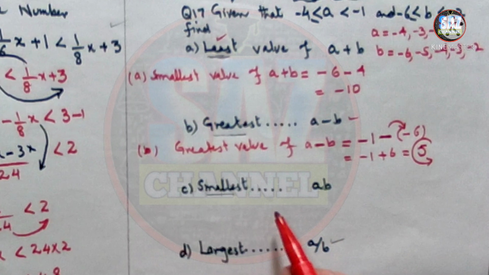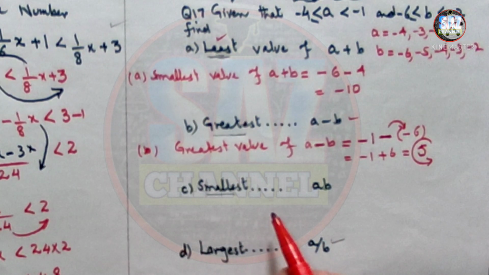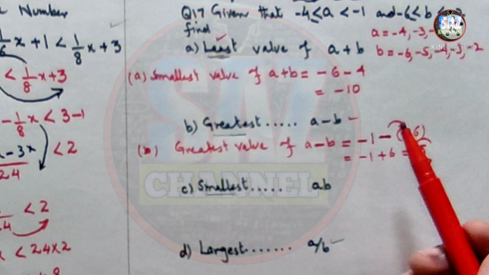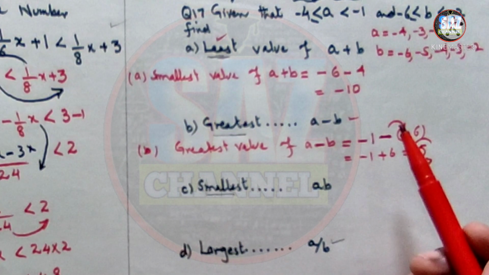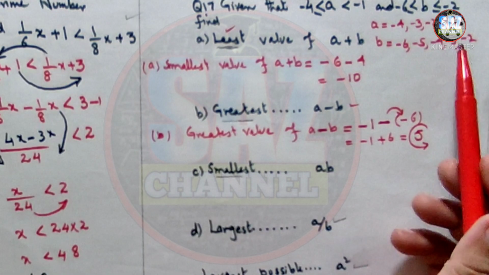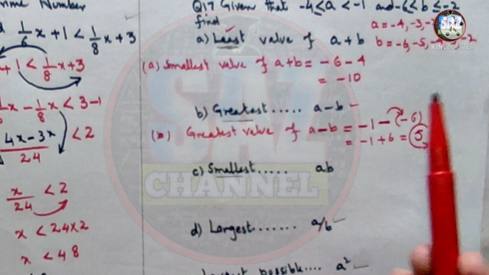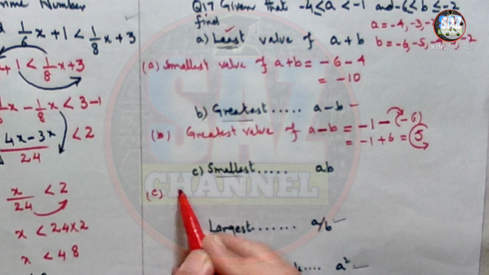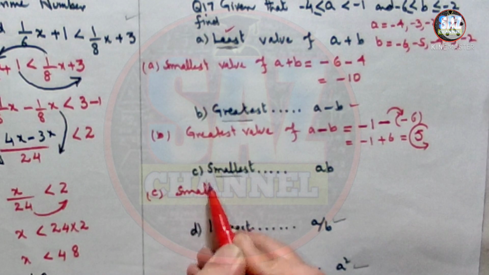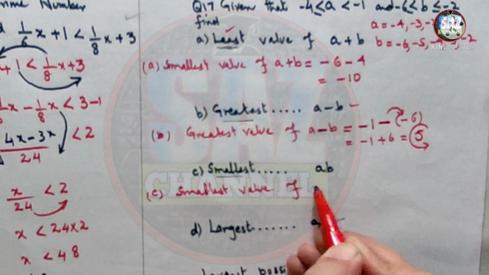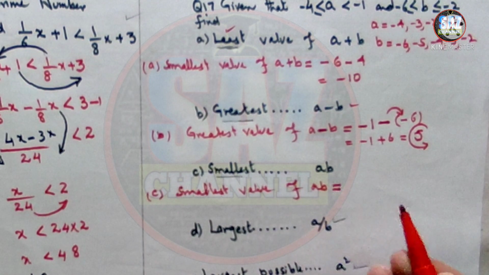And then we have to get the smallest value of the product. The smallest value of product needs the smallest values, so that will be 1 multiplied by 2. The smallest value of AB means product and the smallest value.